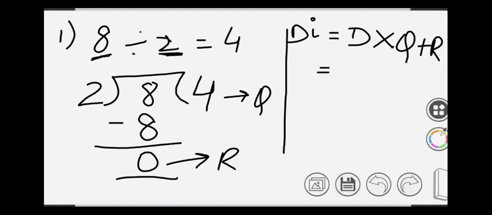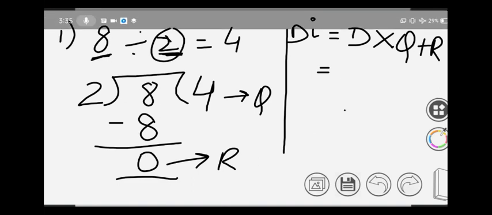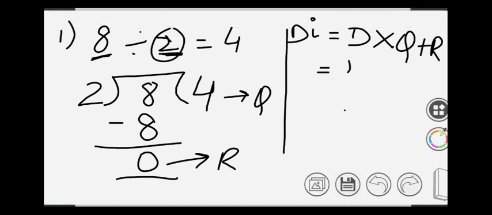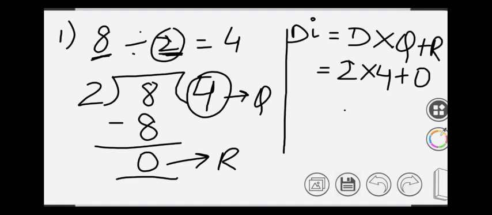The divisor here is 2, so I'll be writing 2, multiplied by the quotient, which is 4, so I'll write 4 here, plus 0 because the remainder is 0. So the divisor is 2, the quotient is 4 and the remainder is 0.